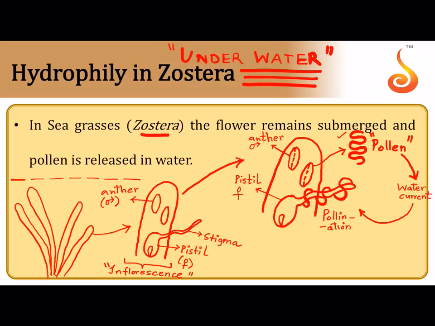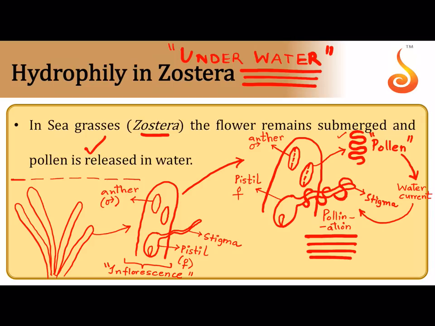And then this pollen gets intertwined with the elongated, what is this structure? This is the stigma of the female flower. It gets intertwined with the stigma of the female flower, and that means what has successfully happened? Pollination has successfully happened.